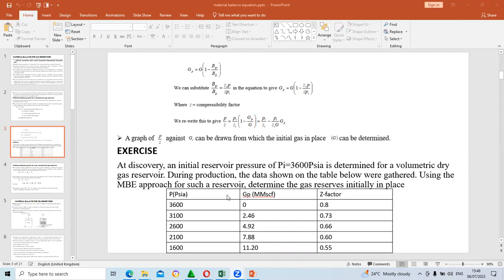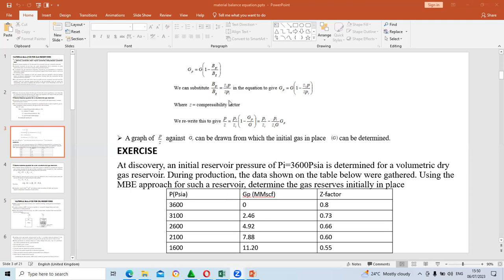It is only ideal gas that obeys those laws, which is generally given as PV is equal to nRT. That's the ideal equation. But at reservoir condition, it will not obey that condition.